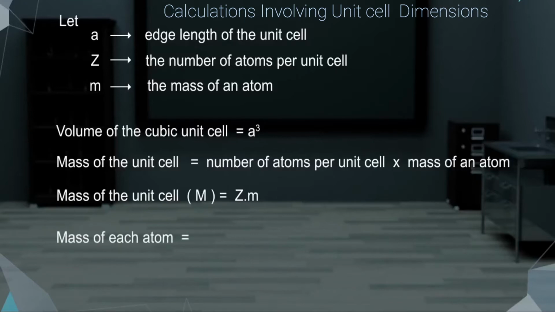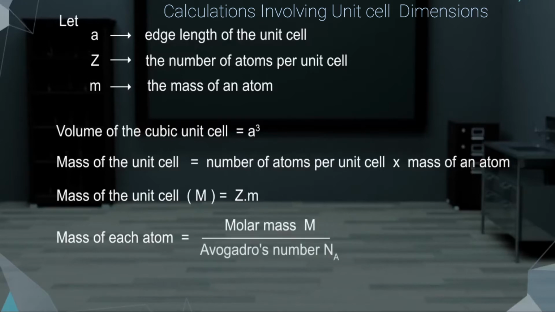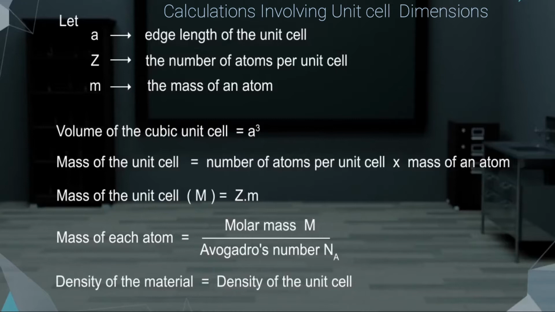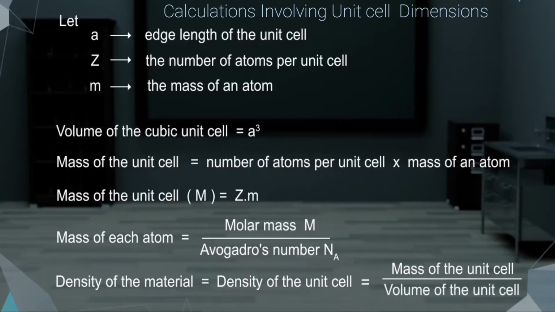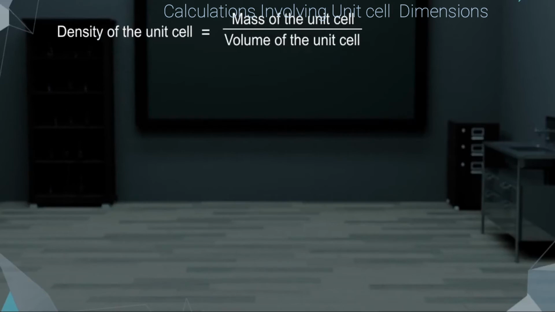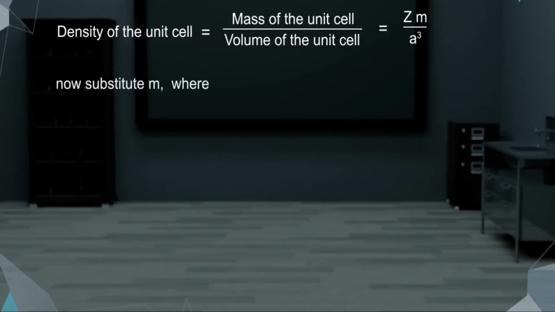If capital M is the molar mass of the element, then mass of each atom is equal to molar mass capital M divided by Avogadro number. Then the density of the material is equal to the density of the unit cell, which is equal to mass of the unit cell by volume of the unit cell, which is equal to Z multiplied by small m by a cube.